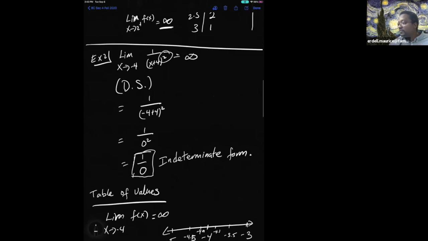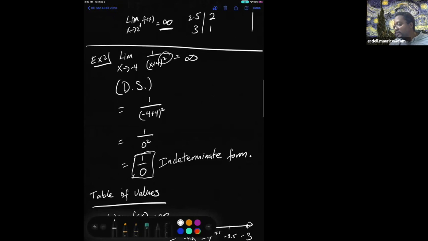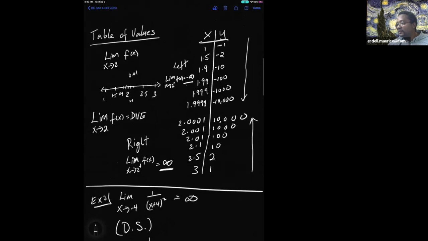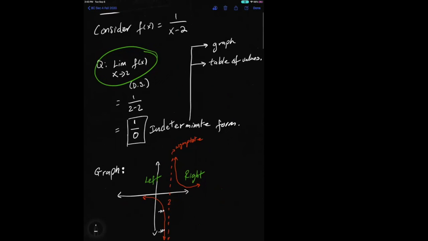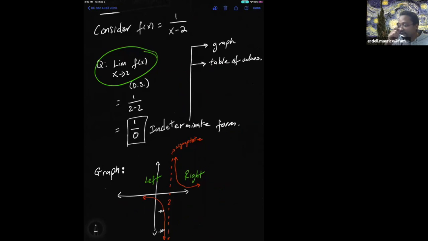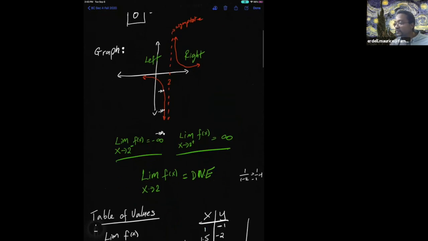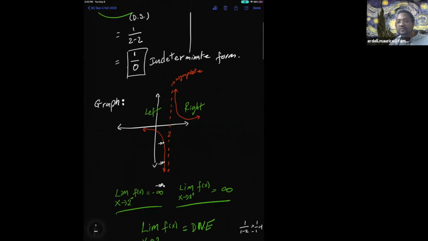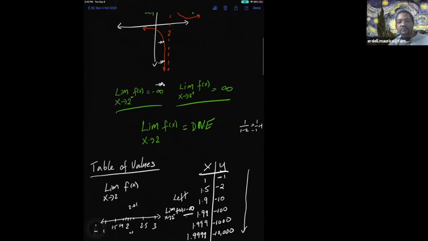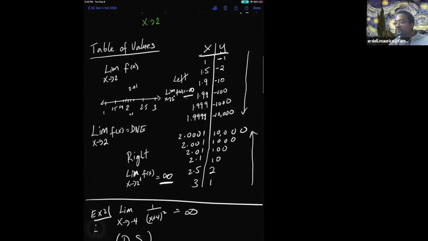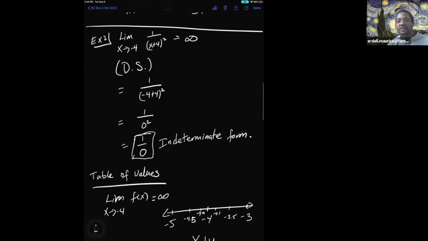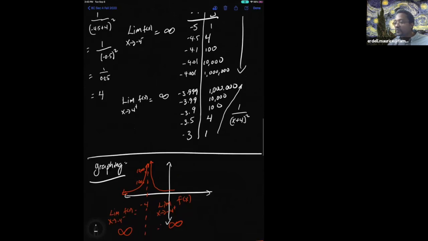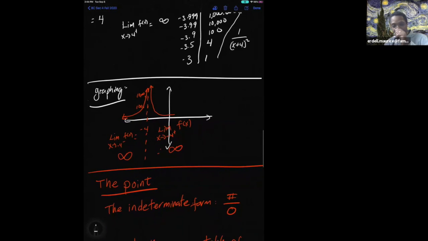In the previous one, the power was odd, and because it was odd, one side was positive, the other side was negative. So if it was to the third power, it would go in opposite directions, one side down, one side up. But if it's raised to the fourth power, for example, then it will either be both going up or both going down.